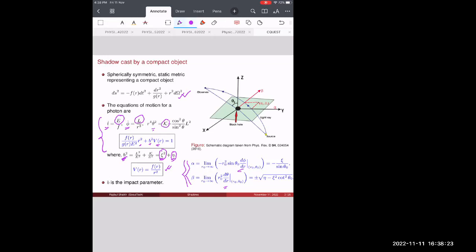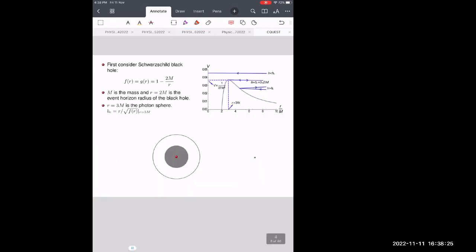Let us now consider a simple example. We first consider the Schwarzschild black hole. For the Schwarzschild black hole, the metric functions are given by this. Now, if we plot the effective potential for a photon, it looks like this. Note that the effective potential vanishes asymptotically, and also it vanishes on the event horizon.